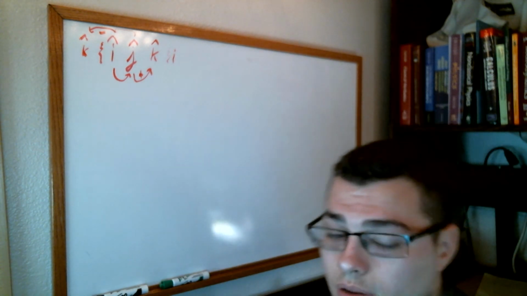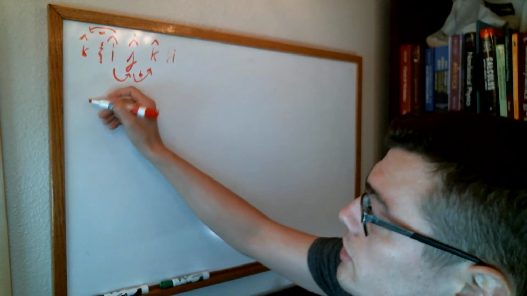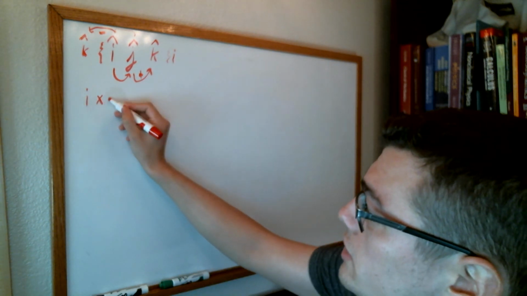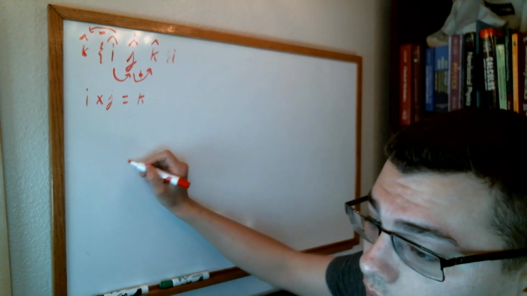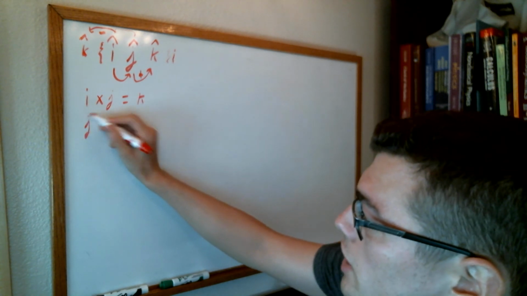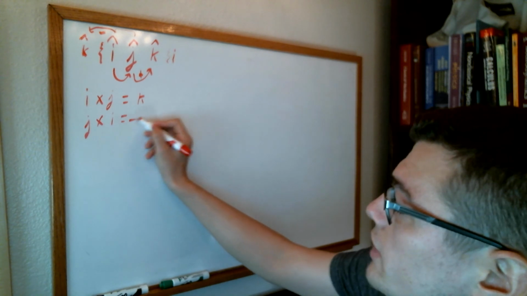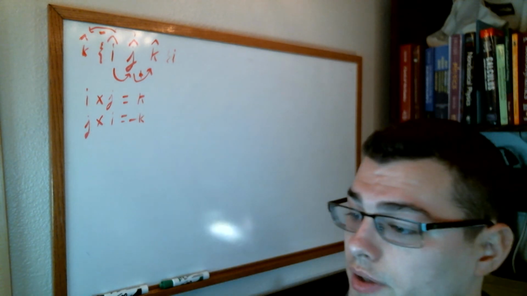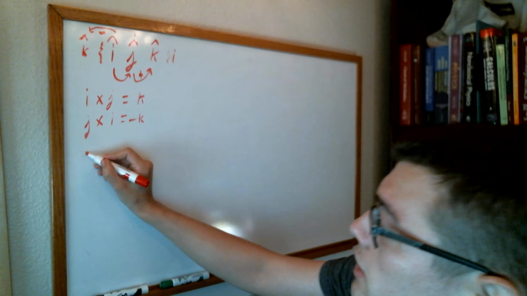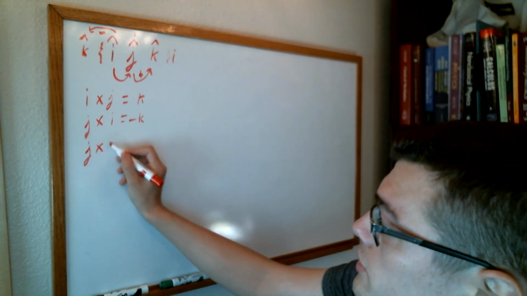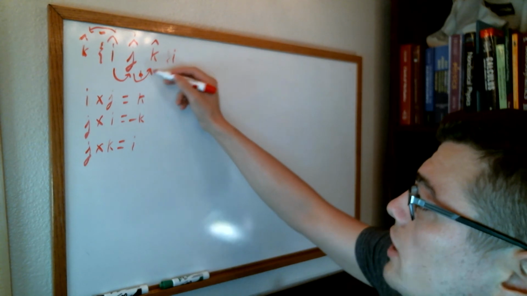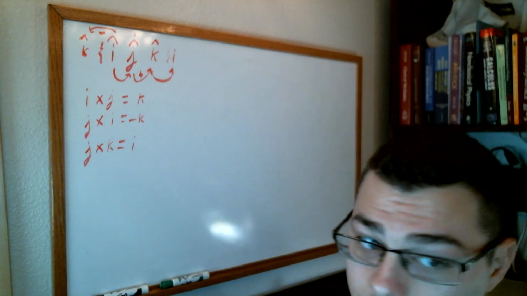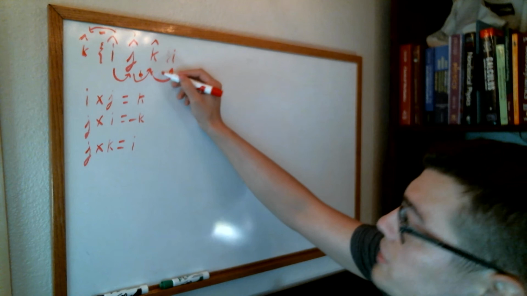So with that being said, we can do all of the cross products of the unit vectors. Like we did earlier, I cross J is going to be equal to K, and J cross I is negative K. Next up, J cross K is going to be I, since J to K goes forward in the sequence, and that gives us a positive one.